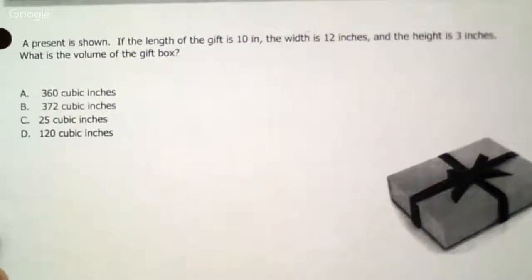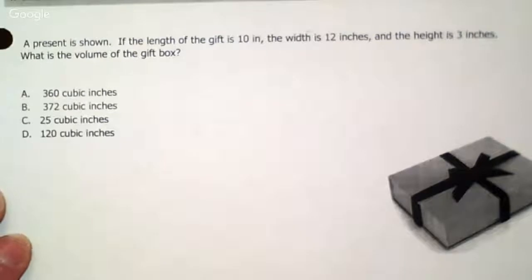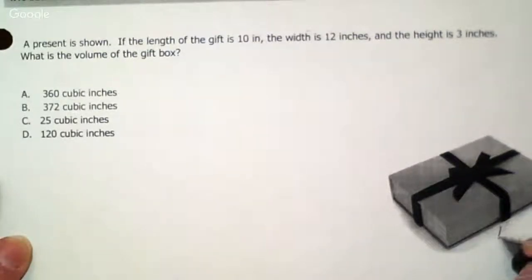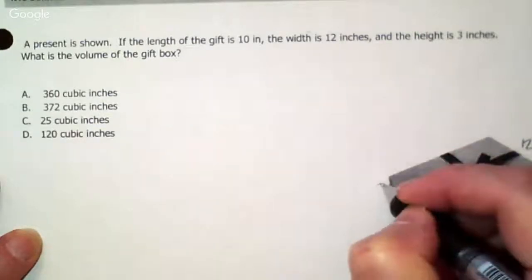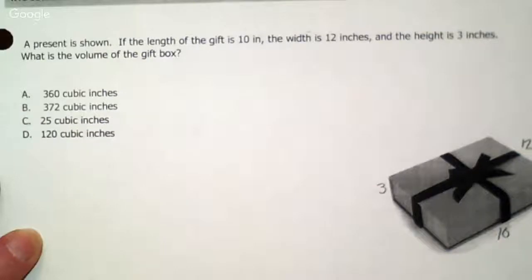Next. A present is shown. The length of the gift is 10 inches, the width is 12 inches, and the height is 3 inches. What is the volume of the gift box?